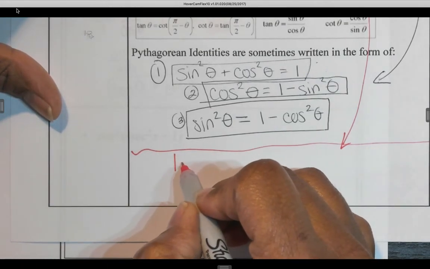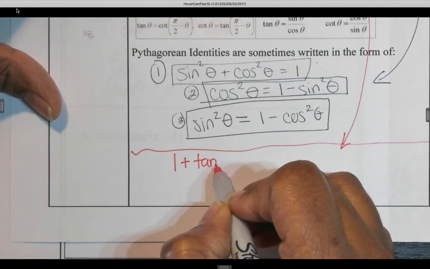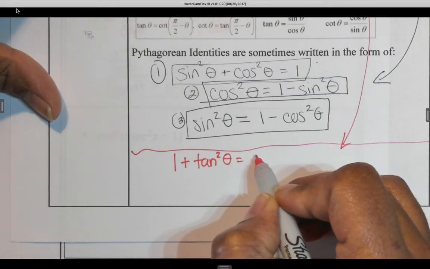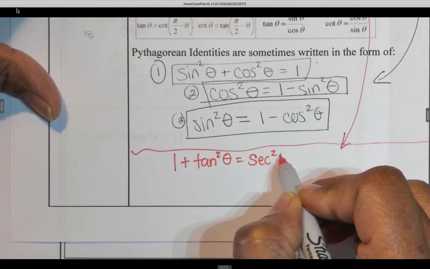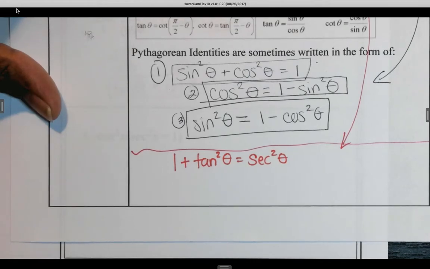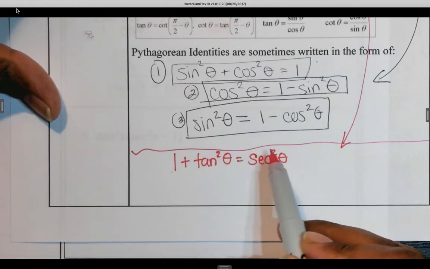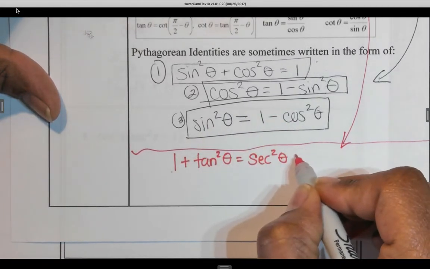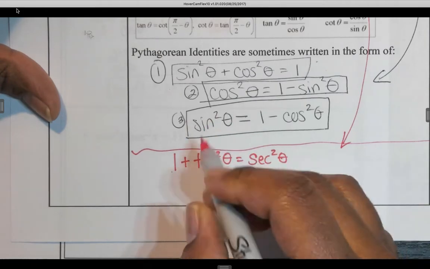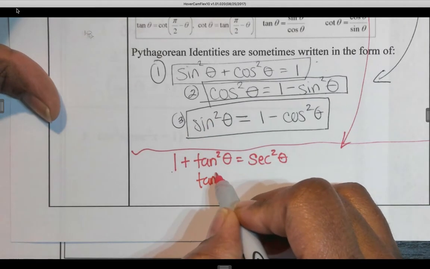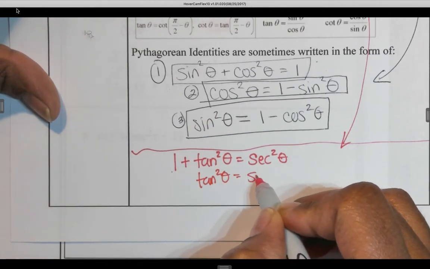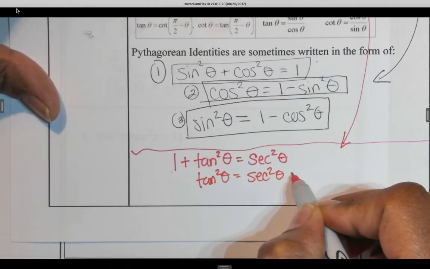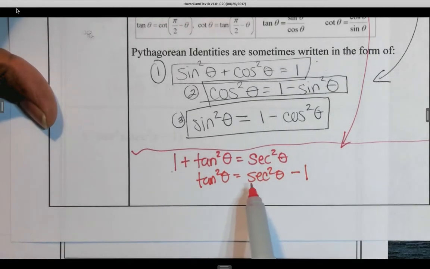We have 1 plus tan squared theta equals secant squared theta. My expression says secant squared minus 1. So if I take this 1 and subtract it from both sides, the 1 will go away on the left side and it'll be on the right side as minus 1. So I'll end up with tan squared equals secant squared minus 1. And that's exactly what would help me.